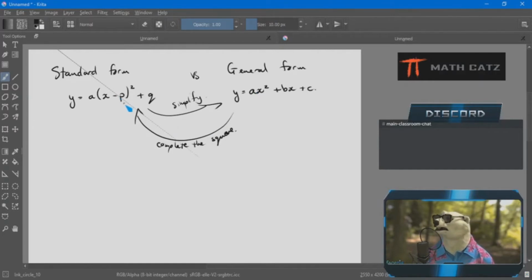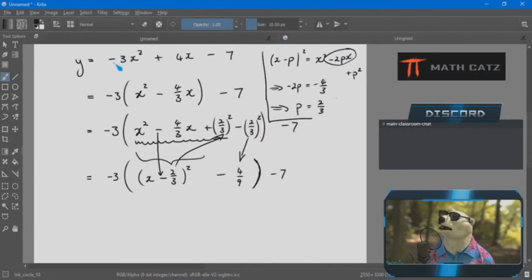It's not as nice and convenient as the p and the q giving me my vertex directly. The general form has things more hidden. In order to see where the -3, 4, and 7 come into play to reference the vertex, completing the square is what we have to do when we have a specific example. So we're still in the process of doing that, but the hard part's over.